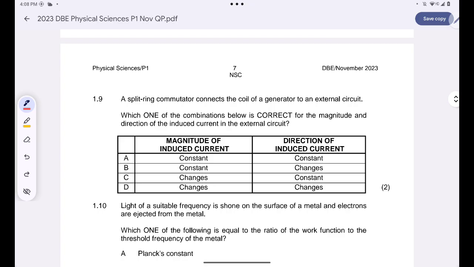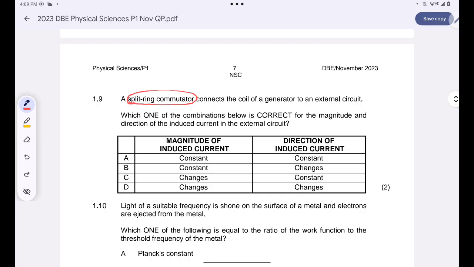And then secondly, since they are using split ring commutators, it simply means that they are dealing with direct current, and the direct current, its direction does not change. It remains the same throughout the energy conversion that takes place. Are you together?